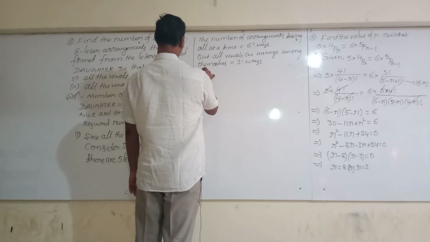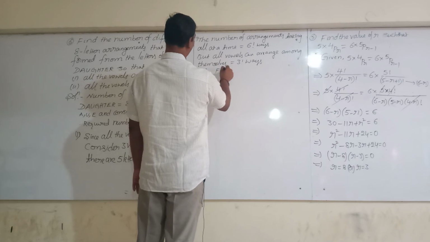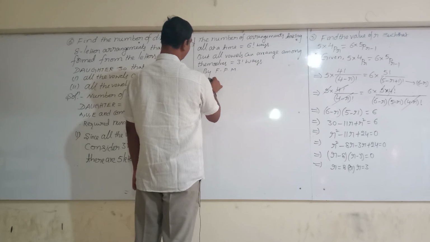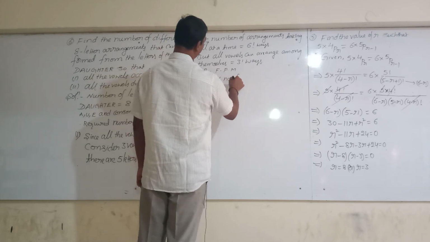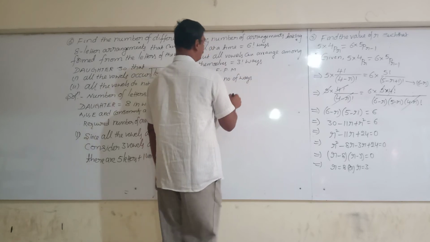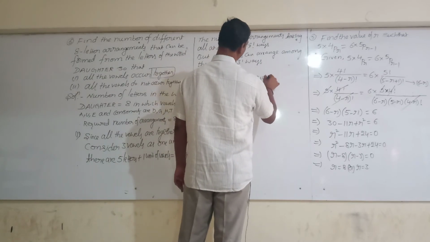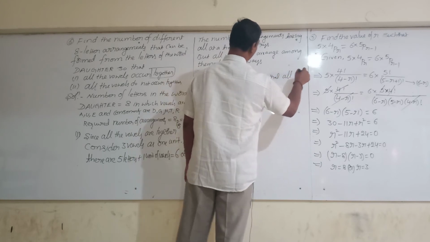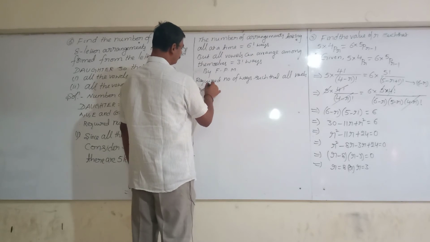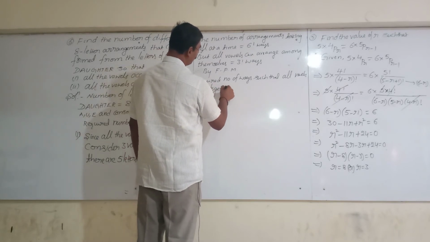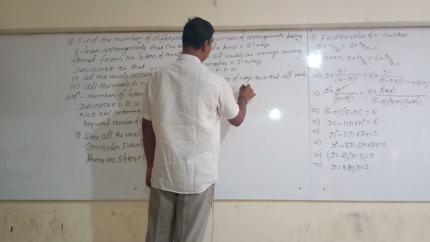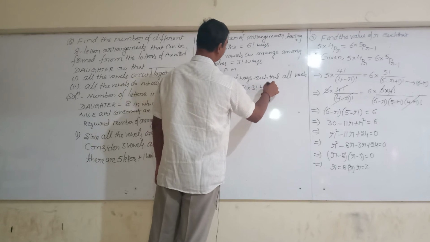So by the fundamental principle of multiplication, the required number of ways such that all vowels are together is equal to 6 factorial into 3 factorial ways.